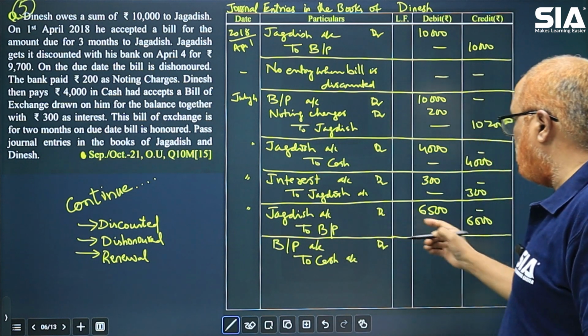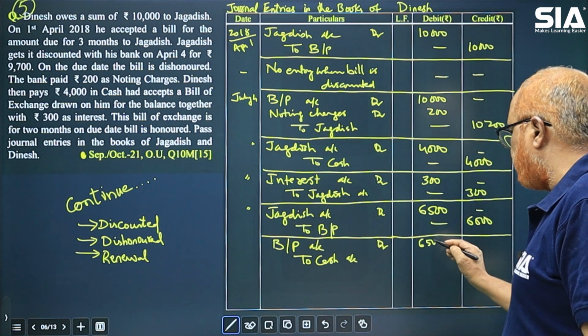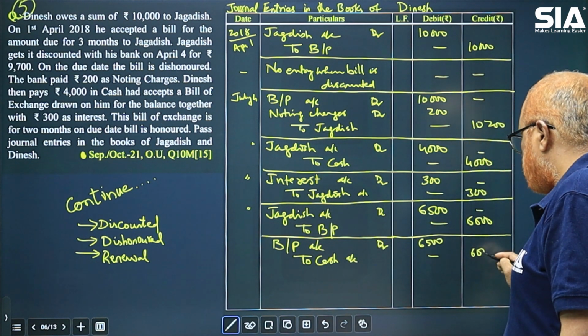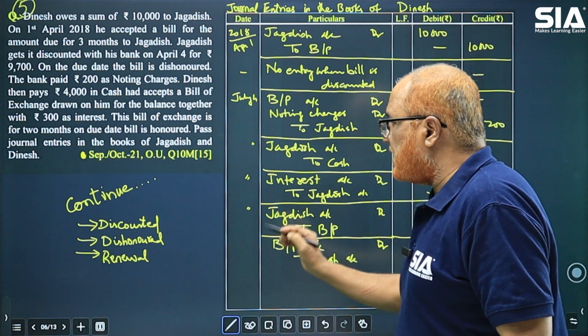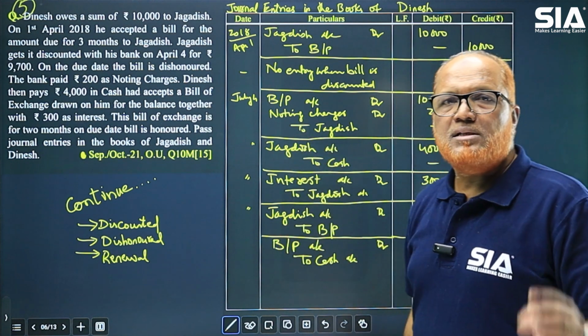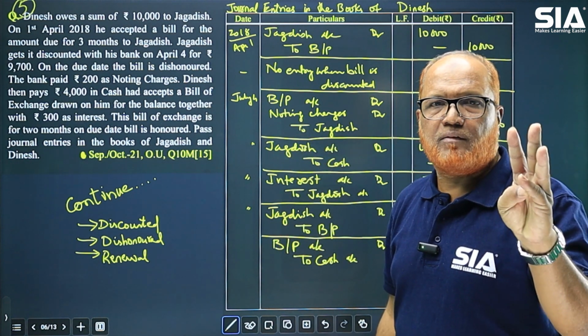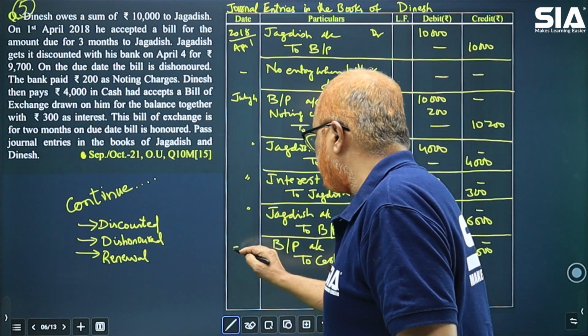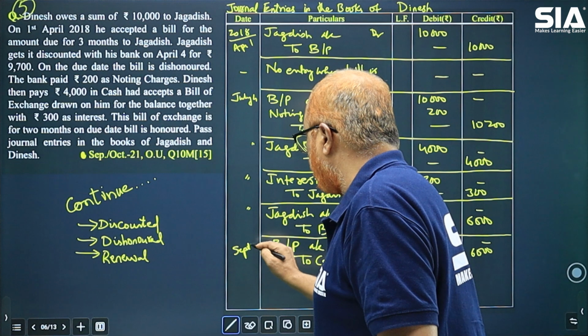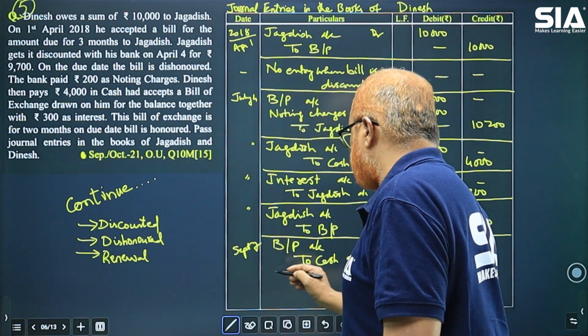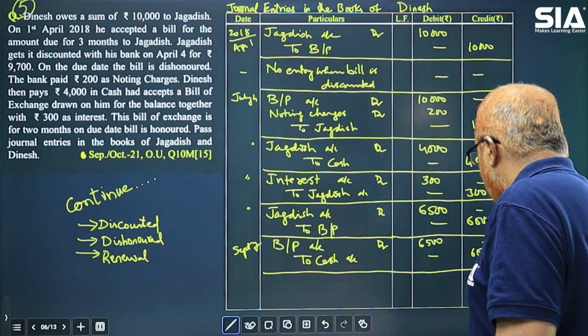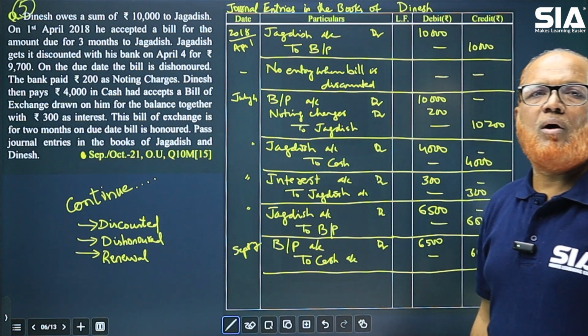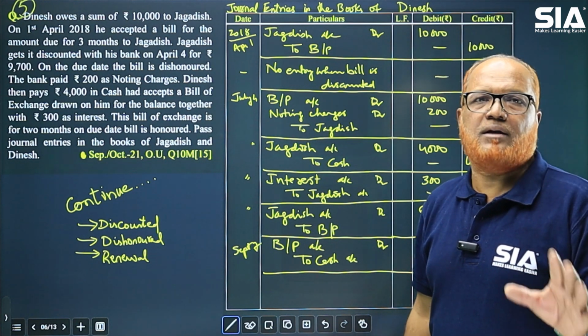What is the value of the new bill? 6,500. What is the date? Maturity. July, August, September. 2 months. September 4, 5, 6. So 7th September. Narration: being the bill honored on due date.